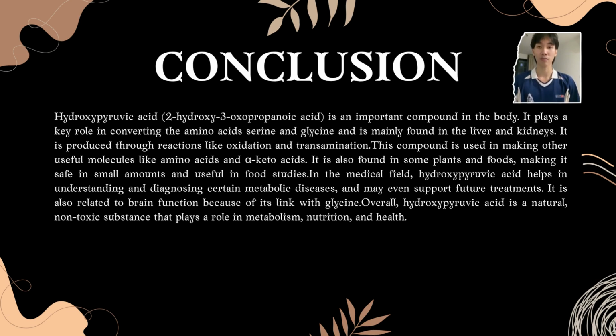Because of its role in metabolism, hydroxypyruvic acid is useful in medical studies, especially for monitoring metabolic disease. It may also be involved in neurological function due to its connection with glycine. Beyond that, it's applied in research related to oxidation-reduction reactions and serves as a building block for biologically important compounds like amino acids and alpha keto acids. In short, hydroxypyruvic acid is a small but powerful compound with important roles in both health and science.